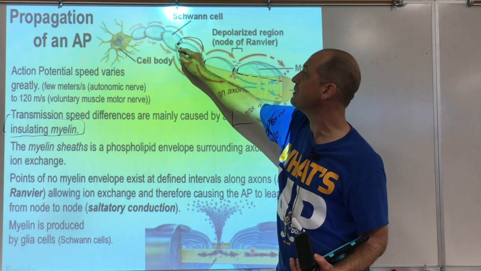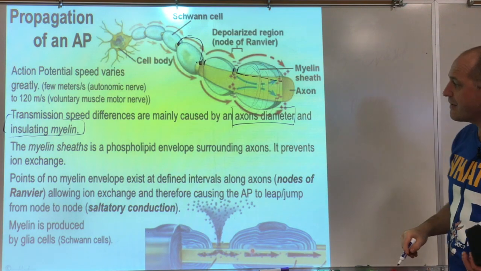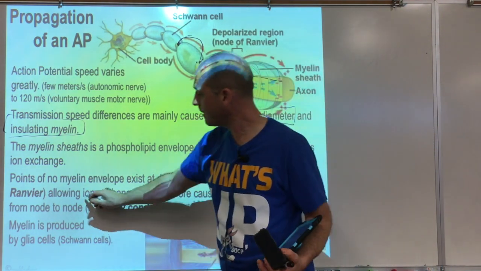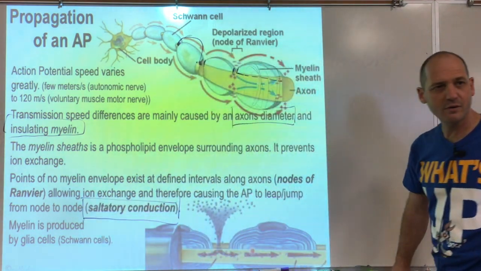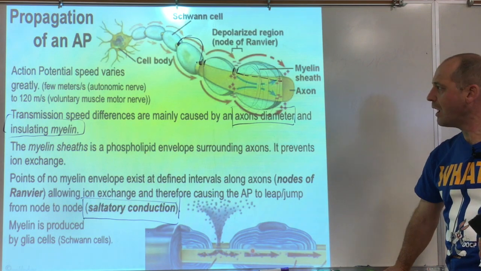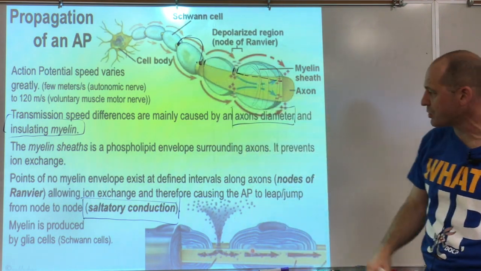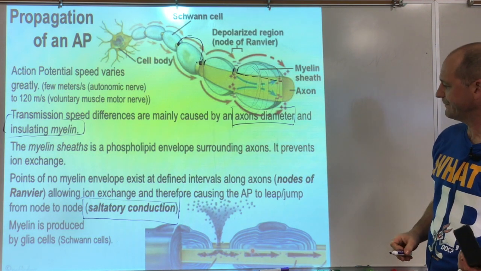And that chomp speeds up the transmission, and we call that saltatory conduction. Saltatory, a chomping nerve impulse. And the areas that are left blank where the ions can easily go in and out, those are known as nodes of Ranvier. Just so you know for the future.